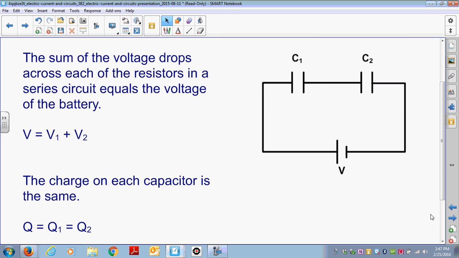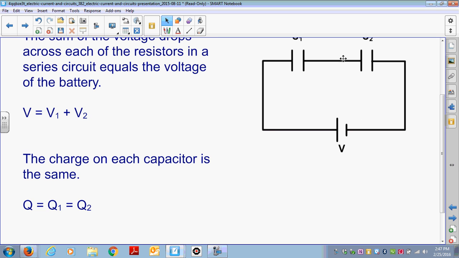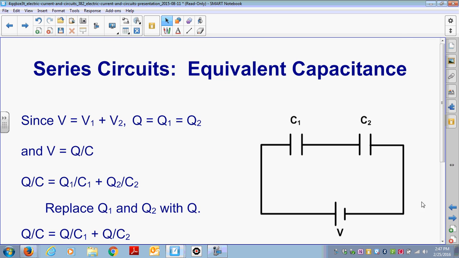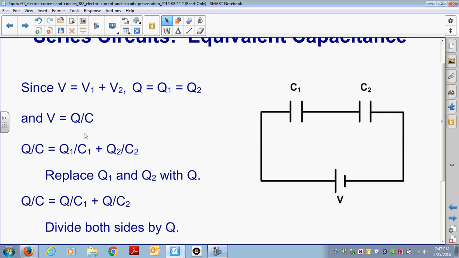For a series circuit, we have V1 and C1. The Q is going to be the same on both plates. And that means that if we replace V, which is equal to V1 plus V2, with Q over C, we end up with Q over C equals Q1 over C1, which equals Q2 over C2.